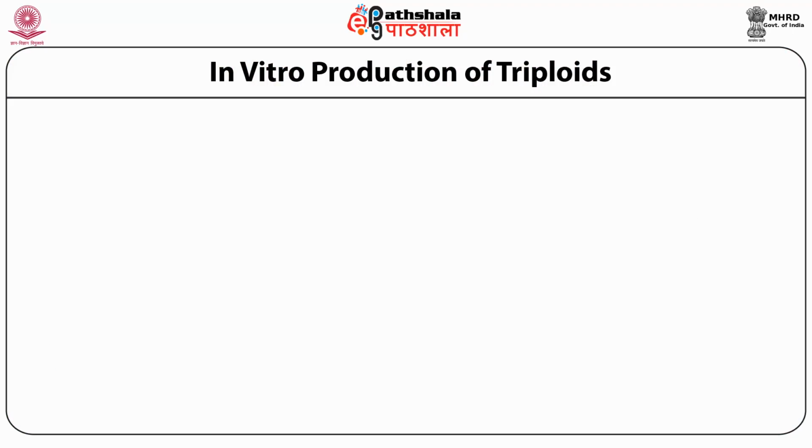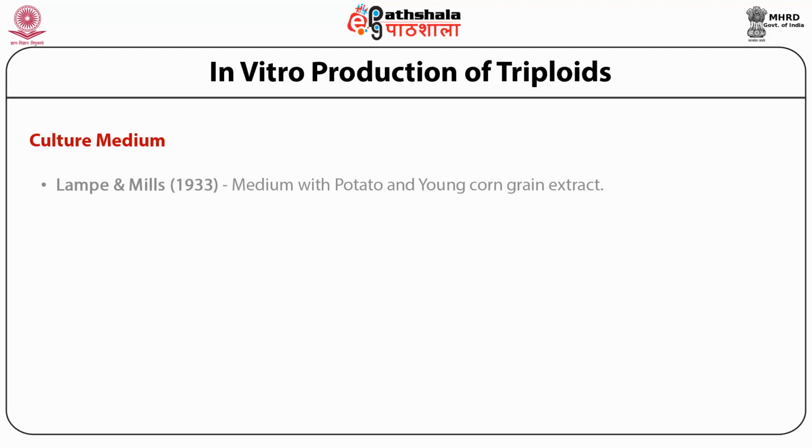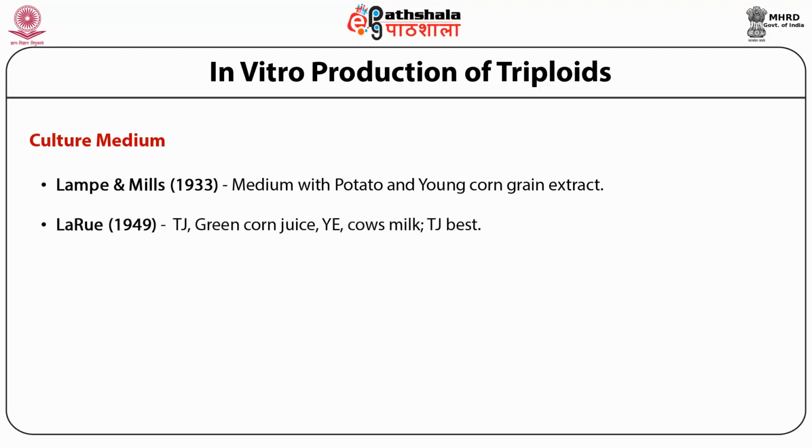The important factor to establish tissue cultures of endosperm is the culture medium, as in most other tissue culture systems. When Lampe and Mills in 1933 started endosperm culture, they used potato and young corn green extract. But LaRue in 1949, when he established the tissue culture, used a variety of natural extracts like tomato juice, green corn juice, yeast extract, and cow's milk, of which tomato juice was the best.